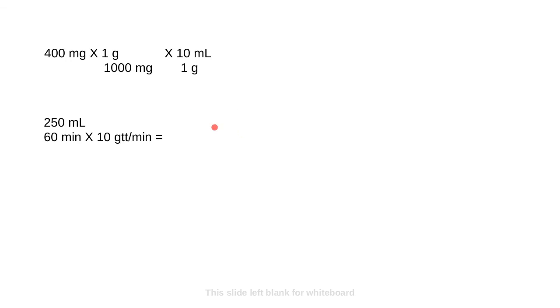Your answer is going to be 41.6 gtt per ml. But that is not enough. If you put that answer on an exam, it will be marked as wrong, or your professor might be really nice and you might get partial credit. You need to round up. You are above the half a point decimal. You're going to round it up to 42 gtt per ml.